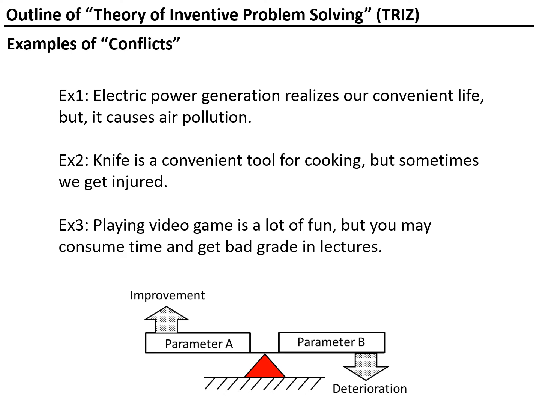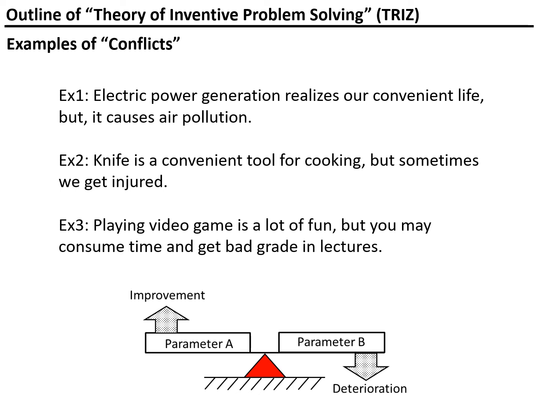And another example, which is more daily: a knife is a convenient tool for cooking, but sometimes we get injured. All of us probably cook food, so there should be nobody who doesn't use a knife when they are cooking.